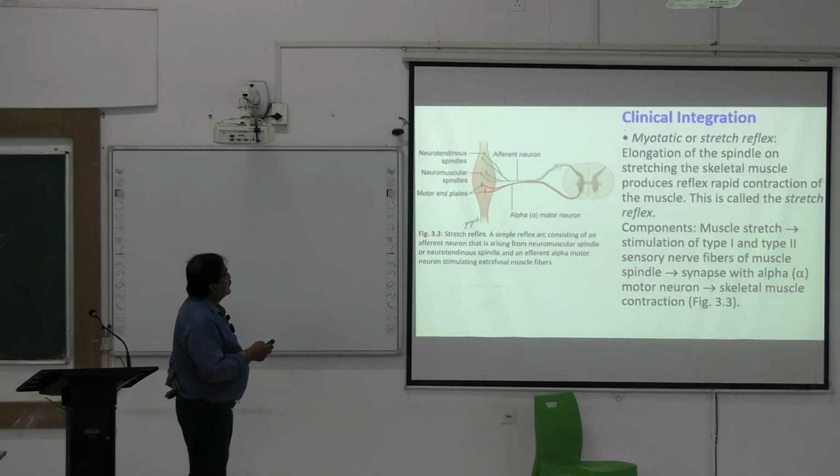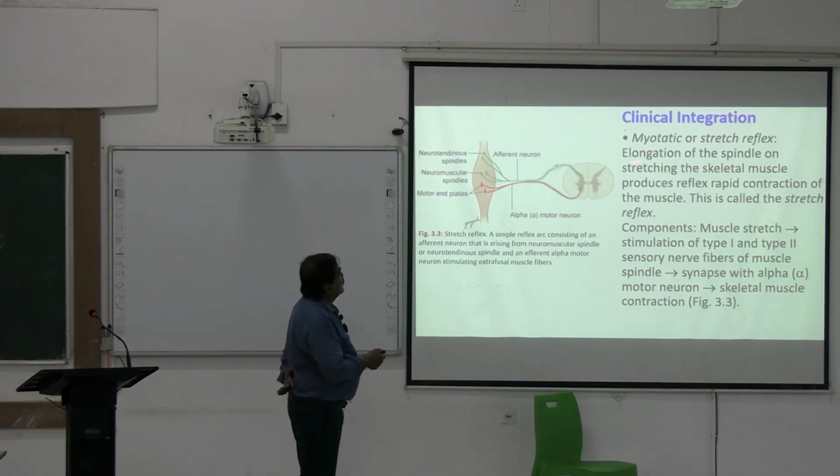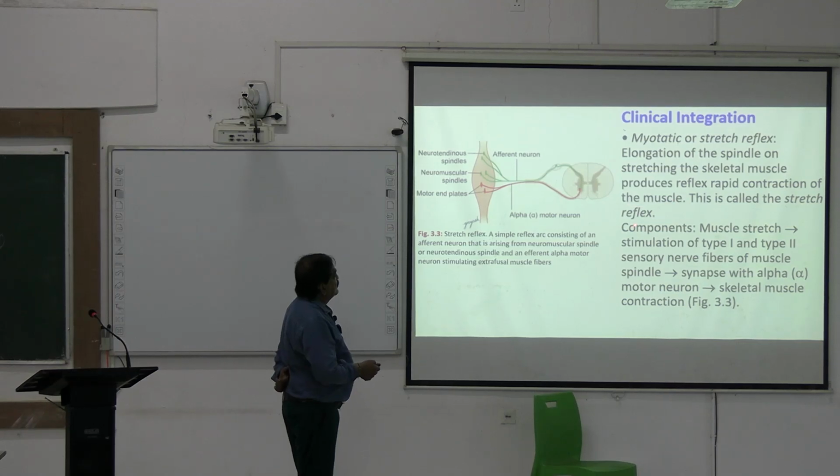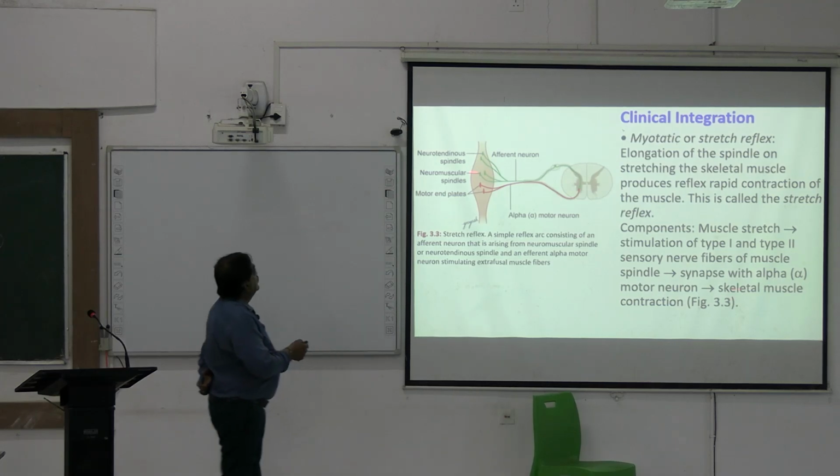Clinical integration. Now, myotactic or stretch reflex: elongation of the spindle on stretching the skeletal muscle produces reflex rapid contraction of the muscle. This is called the stretch reflex. Components: muscle stretch, stimulation of type 1 and type 2 sensory nerve fibers of muscle spindle, synapses with alpha motor neurons and skeletal muscle contraction.